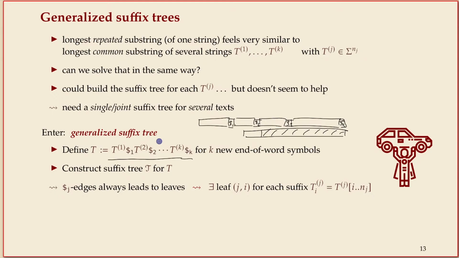We have a compact trie of the suffixes of all the texts in the tree. And now the leaves don't just tell me where the suffix starts, but they also tell me which of the texts it was. That's what I conceptually want from this generalized suffix tree. And algorithmically, it works by just doing a standard suffix tree on this artificial text, concatenating everything with special symbols in between.